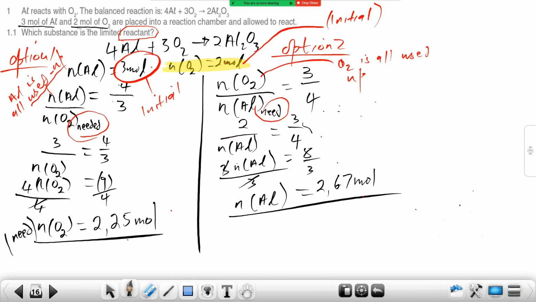So I need to know how much oxygen I need. Why do we need this? Because the assumption is that between the two, one is used up.